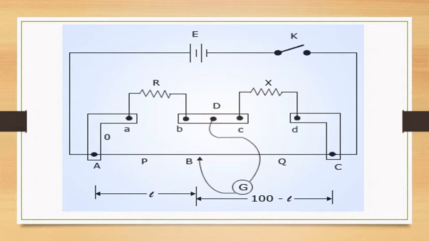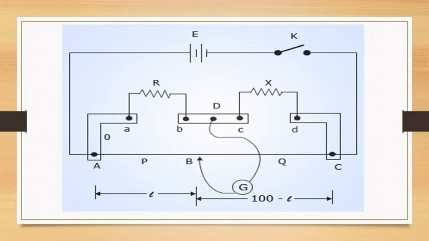For the slide wire bridge of the figure, AC represents the bridge wire. R represents the standard resistance of the resistance box. X represents the unknown resistance. And P represents the sliding contact point that slides along the wire AC.